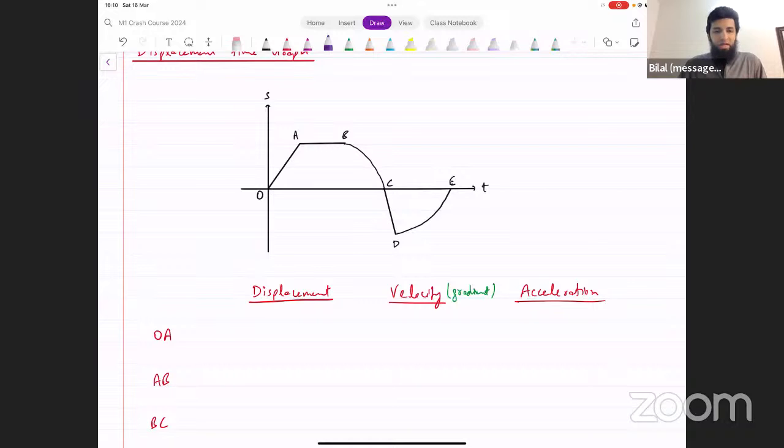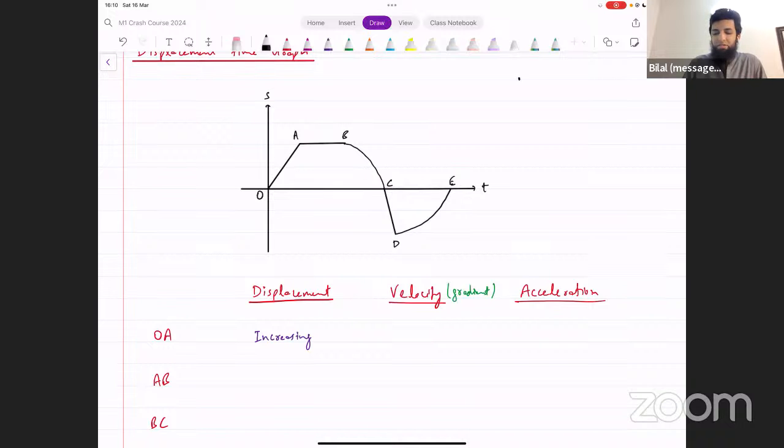From O to A, what is happening to displacement? Displacement is increasing. So in increasing, decreasing, we just talk about it from that perspective. From point O, you're going to point A in the positive direction. Let's also represent what the journey might look like.